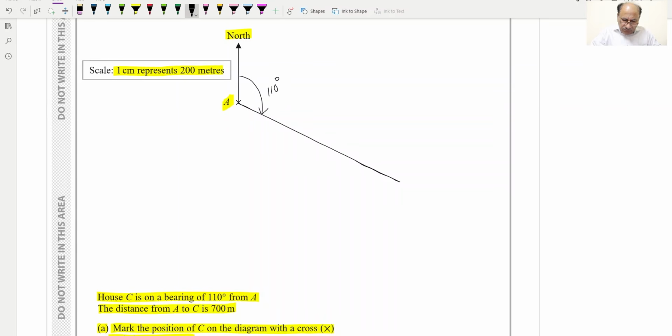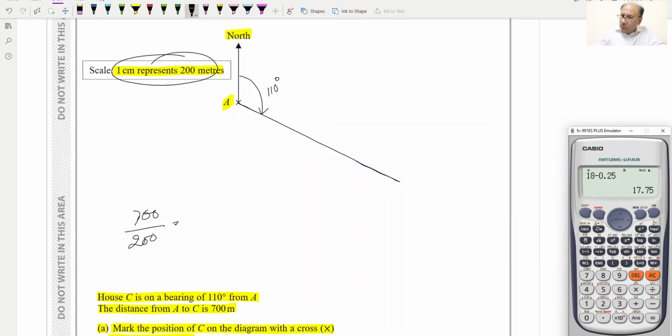After that we have to convert the 700 meters by this scale, which is 1 centimeter represents 200 meters. So we divide 700 by 200, and this will be equal to 3.5.